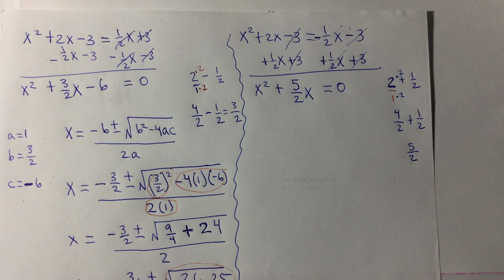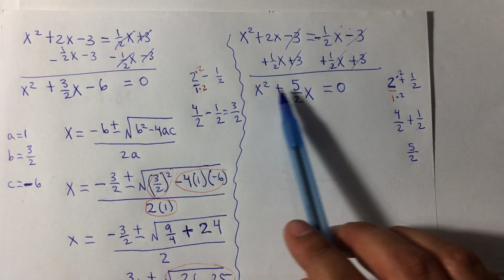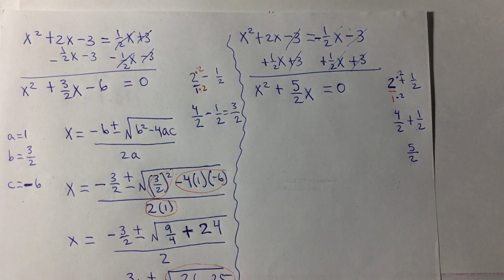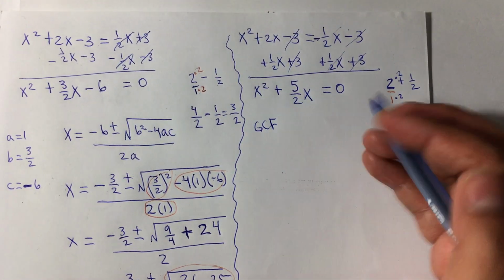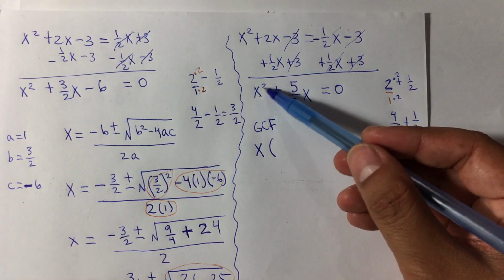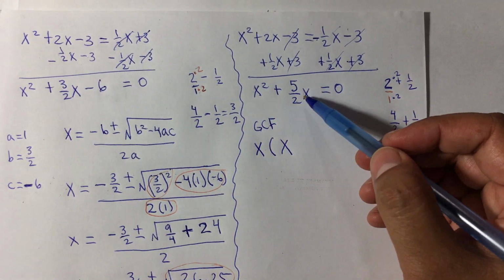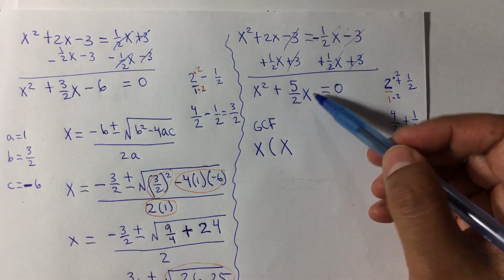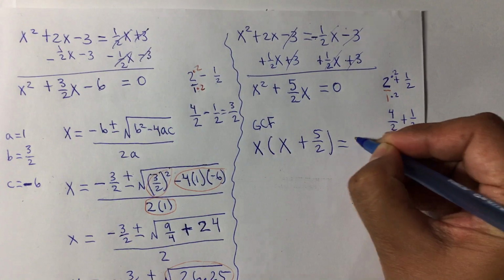Again, because we know how to work with different types of processes, in here, since I don't have a trinomial, I only have 2 terms and both have x, it's easier to just get the greatest common factor. Both have x, so x is going to be my greatest common factor. And then start dividing. X squared divided by x, x. 5 halves x divided by x, the x cancels, and I just end up with 5 halves equals 0.